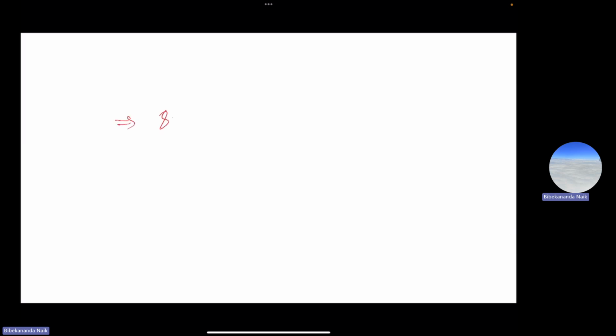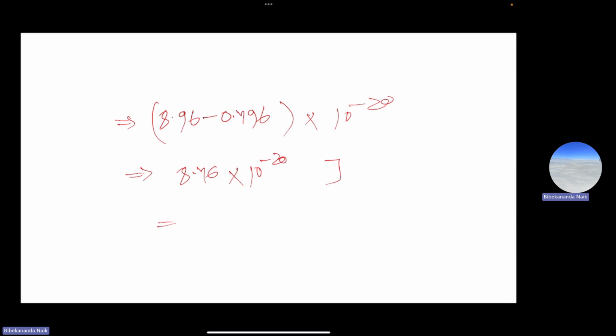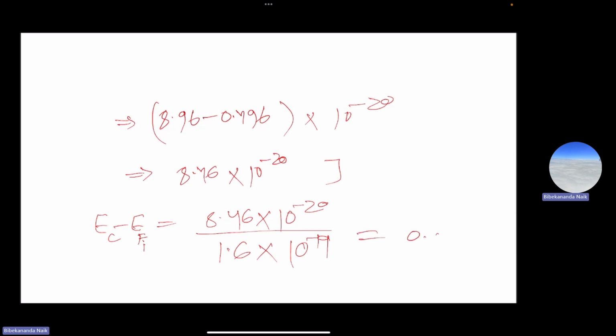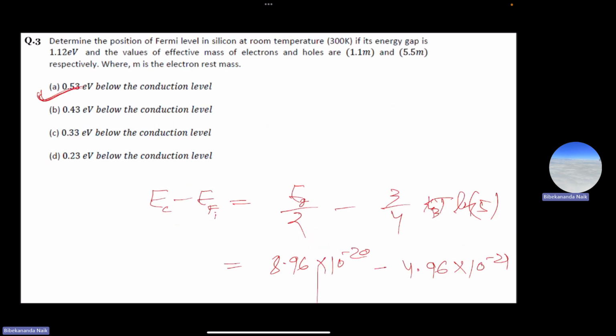So it will be 8.96 minus 0.496 into 10 to the power minus 20. Then it will be 8.46 into 10 to the power minus 20 joule. So converting into electron volt, 8.46 into 10 to the power minus 20 divided by 1.6 into 10 to the power minus 19, it will come out roughly 0.53 electron volt. So the correct option is again option A, 0.53 electron volt.